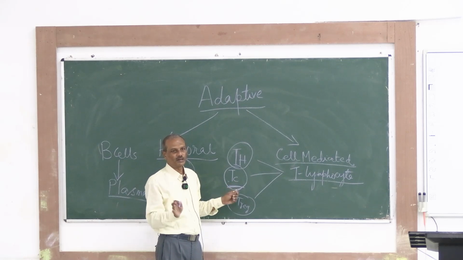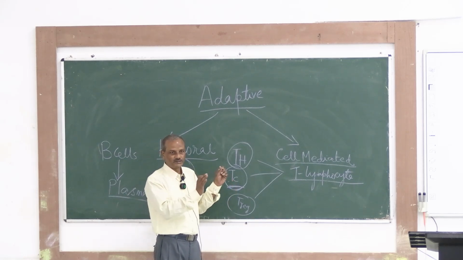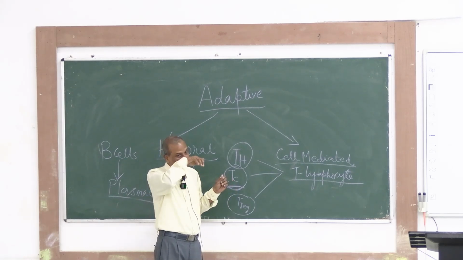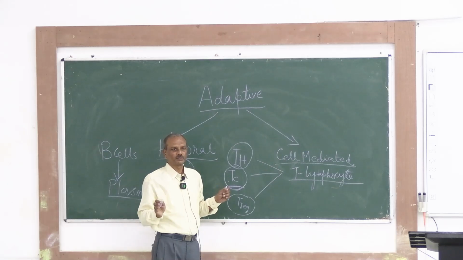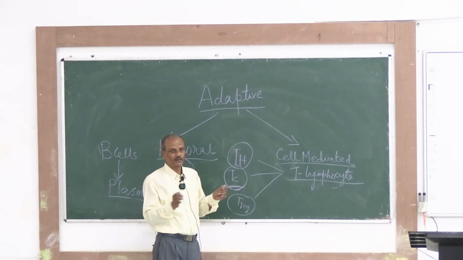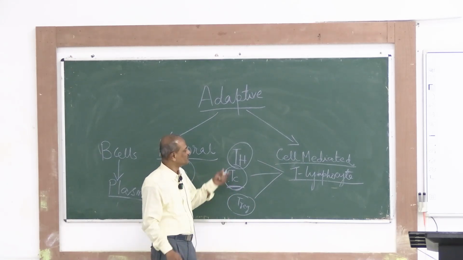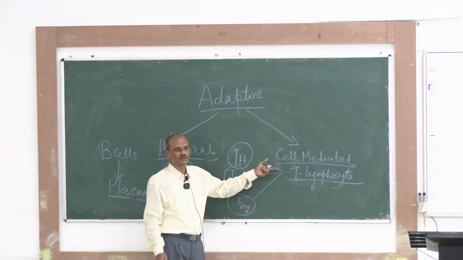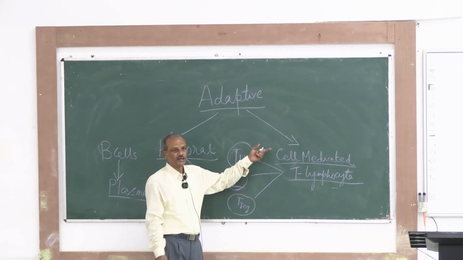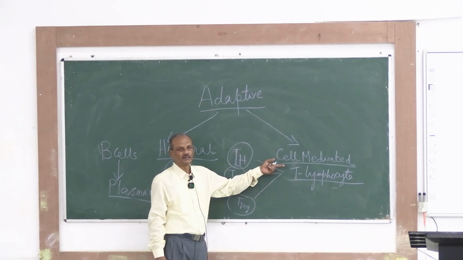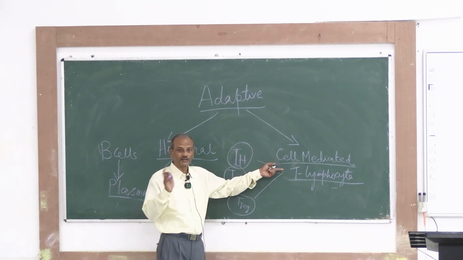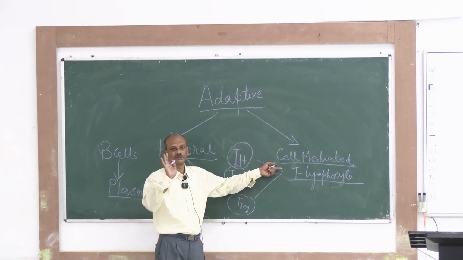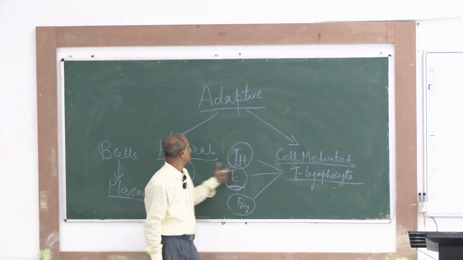As I told you earlier, both the systems are independent, but they also act in combination. So this is one example. TB is basically tuberculosis infection. We mount a response that is essentially cell mediated, but anti-tubercular antibody is also present in the serum.